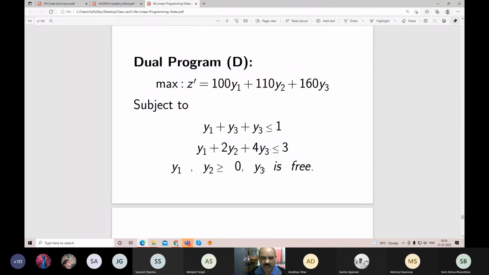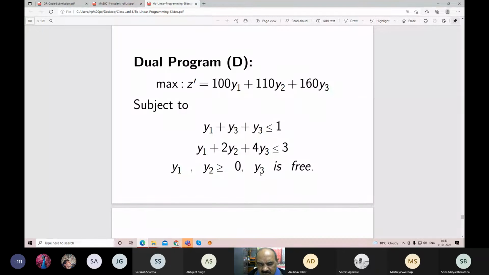Let y3 equal y3 dash minus y3 double dash, where y3 dash and y3 double dash are extra non-negative variables. Or you can say, for example, y3 equal to y4 minus y5.